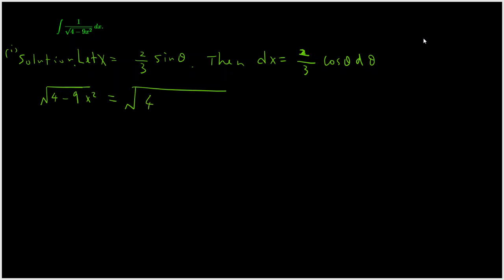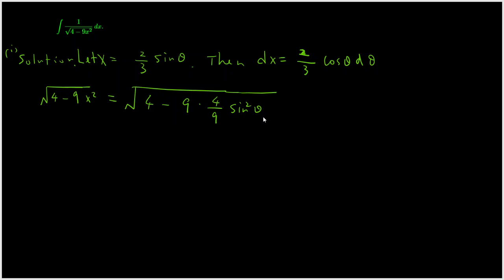So you have 4 minus 9 times x squared, which becomes 2 squared, which is 4, over 9, and then sine of theta, the whole thing squared. Do you see how this works? The 9 is cancelled, and then you take out 4. The whole thing will be 1 minus sine of theta, the whole thing squared. That's where we can use a trig identity to get rid of the radical.